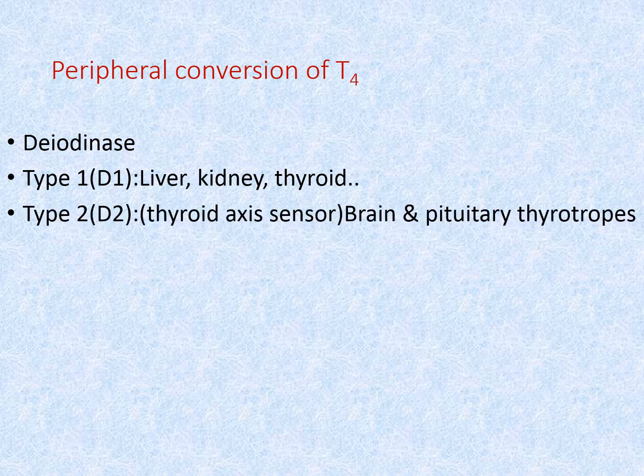Type 2 deiodinase, or D2, also known as the thyroid axis sensor, is present in the brain and pituitary thyrotropes. So there is a specific function of this D2 in the brain.